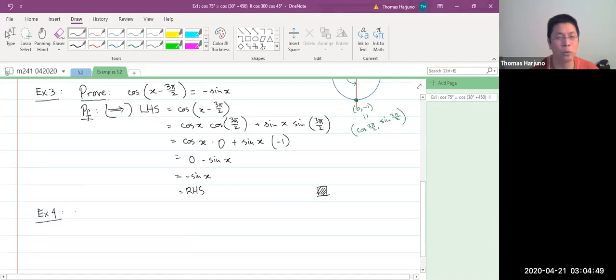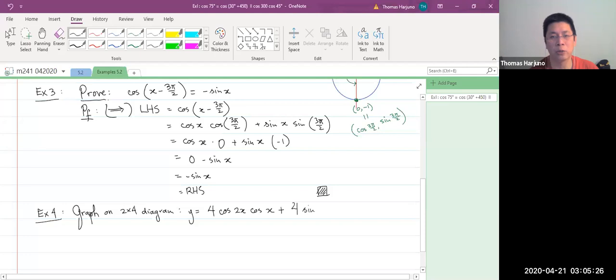Suppose we want to graph, on that 2 by 4 diagram, the one that I usually show you, y equals, let's say, 4 cosine 2x cosine x plus 4 sine 2x sine x.